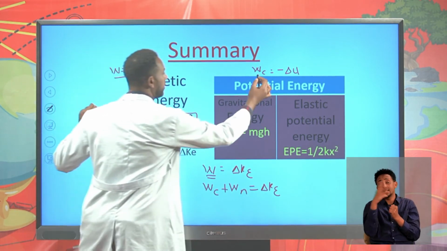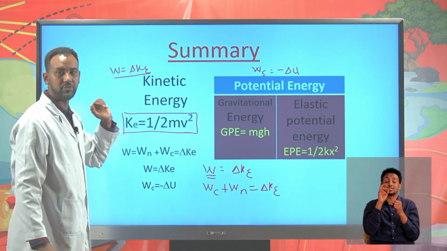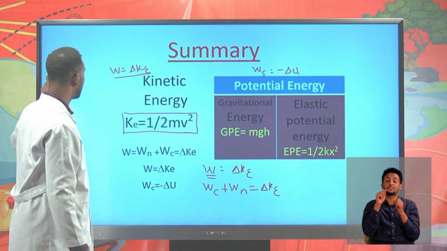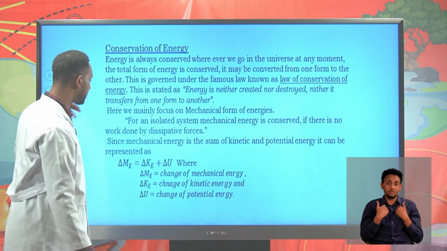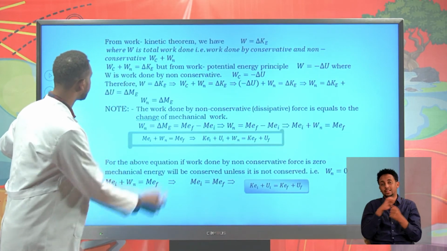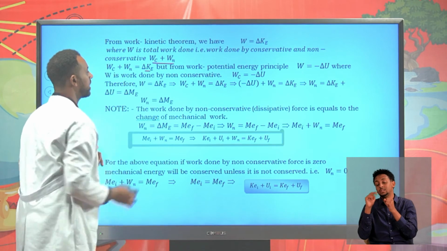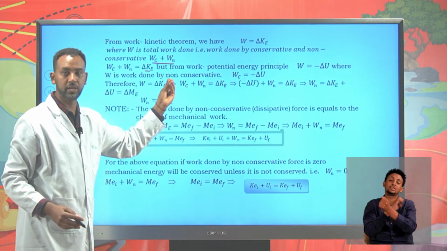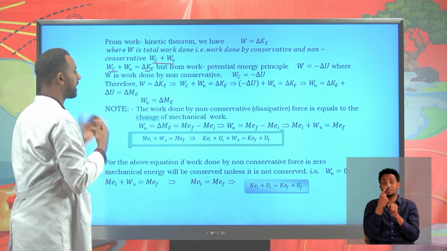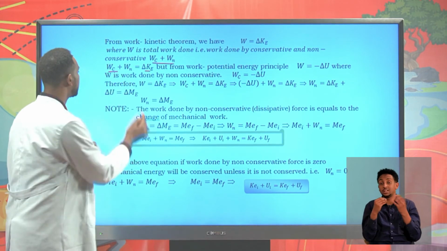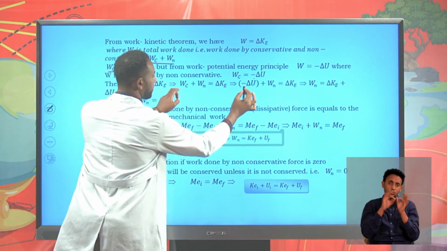The work done by conservative force can be given as the negative of the change in potential energy, so that we can have the conservation of mechanical energy. Work done by conservative and non-conservative forces changes the kinetic energy, from the work-energy theorem. Therefore, when you substitute the work done by conservative forces, like gravitational and elastic forces, as the negative of the change in potential energy, you can substitute here. Okay?